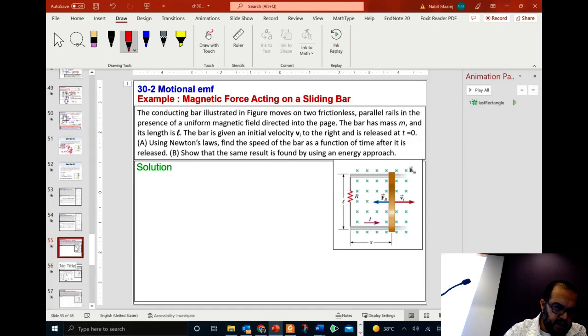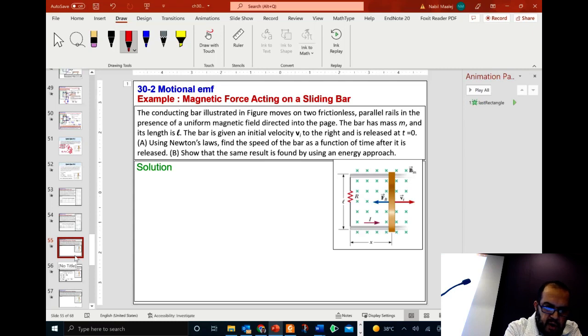All right. So here, a conducting bar illustrated in the figure moves on 2 frictionless parallel rails in the presence of a uniform magnetic field directed into the page. The bar has a mass m and its length is L. The bar is given an initial velocity v initial to the right and is released at t equal to 0.